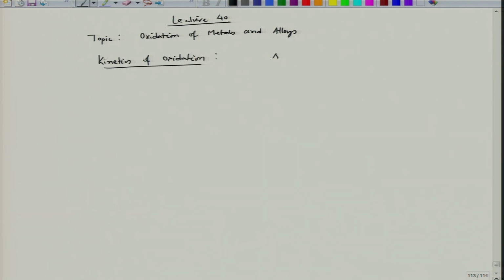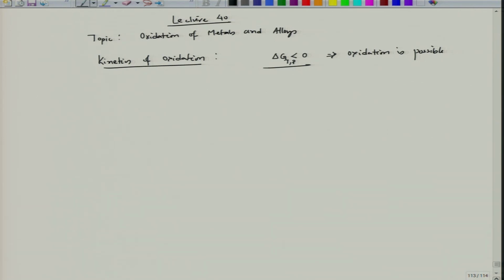We could see that when delta G is less than 0 at a given pressure and temperature, then oxidation is possible. But what will be the rate of that oxidation, we have to also understand, because that rate will tell us what is the degree of oxidation.